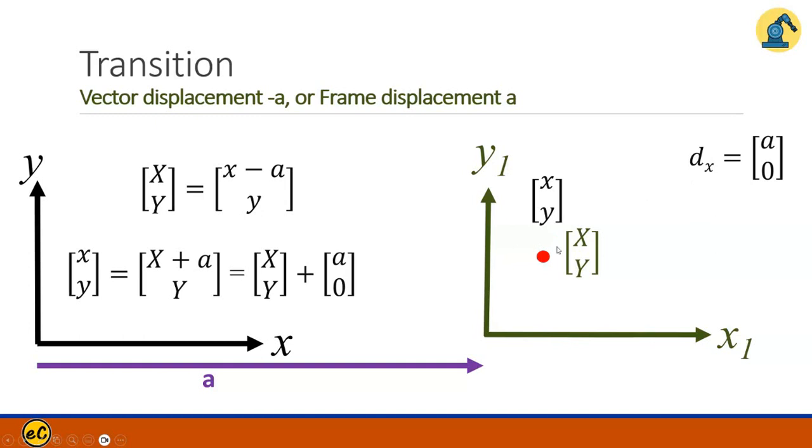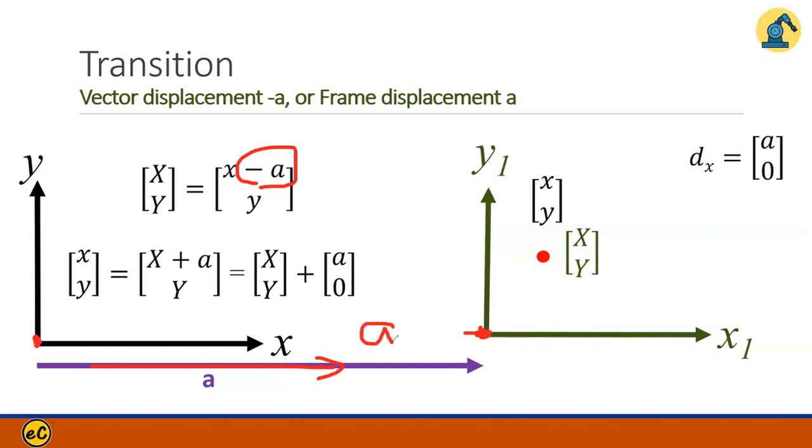So that's the reason we have X, Y on the same point. Our frame moves by A and 0. This one shows you, when the frame moves by A and 0, your new and old coordinates relationship. You move your frame to the right, meaning that your coordinate has a minus A. So right here, this is A from here to here.